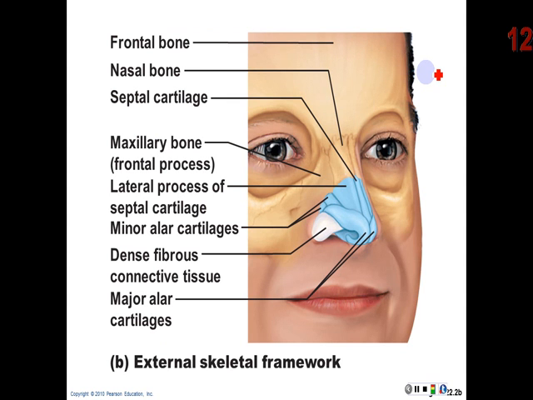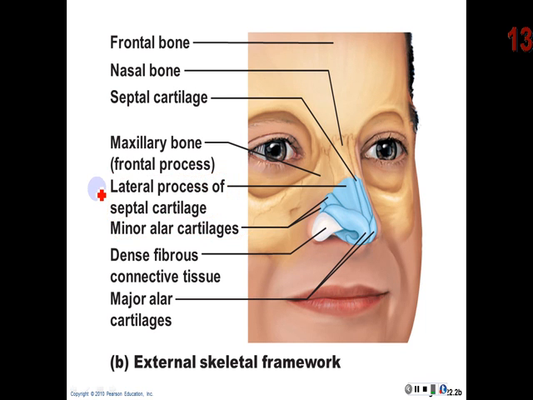There are alar cartilages way back in the back here. That one and that one are alar cartilage. Those are minor alar cartilages. Here we see on the side the lateral process of the septal cartilage.